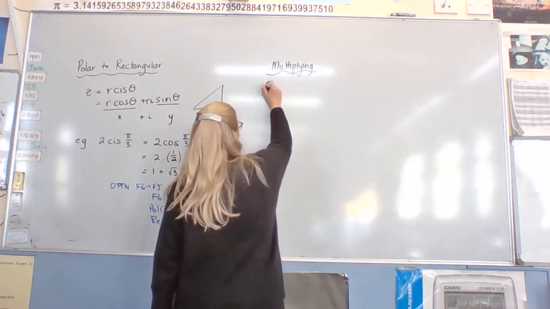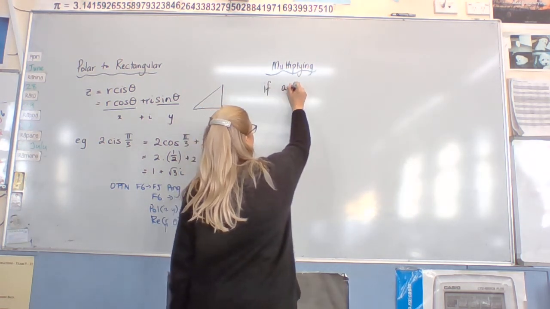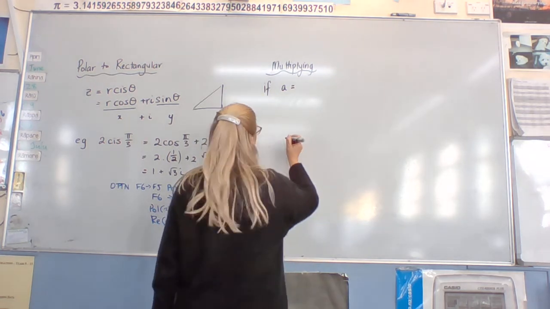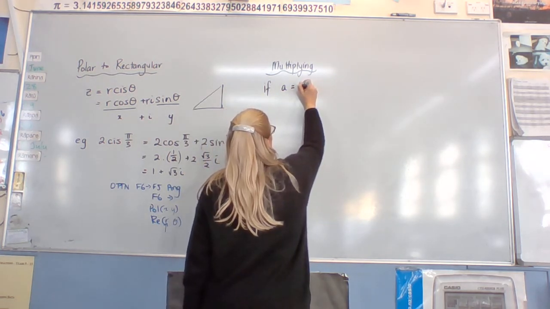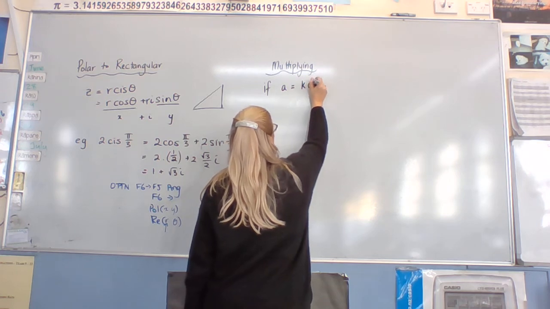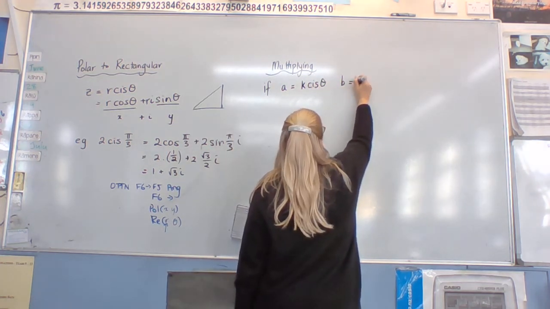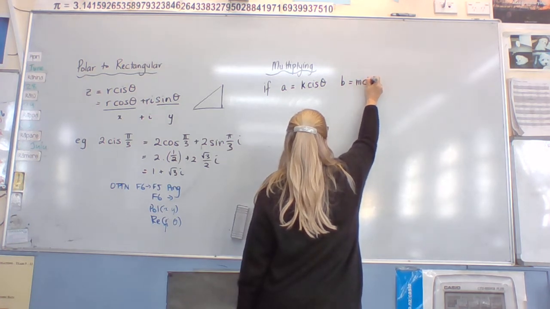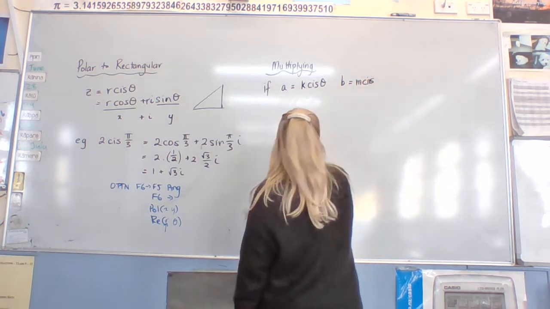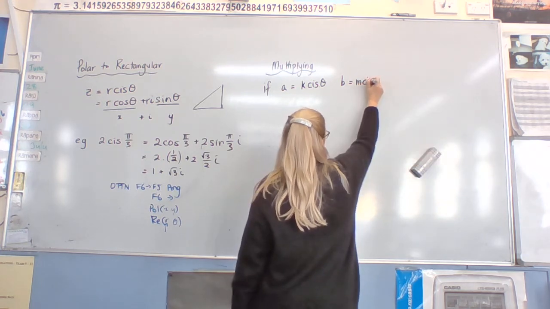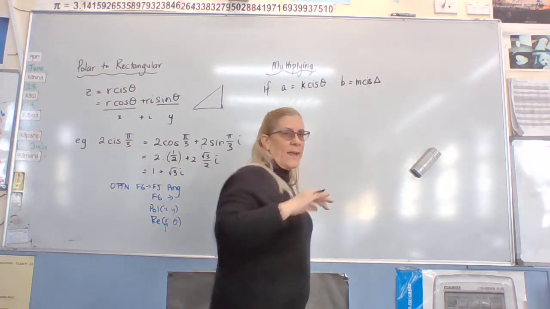So if we've got A equal to k cis theta, and B equal to m cis, I'm going to use delta, a different angle.